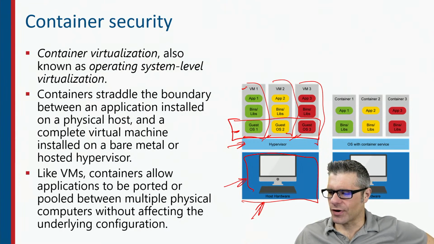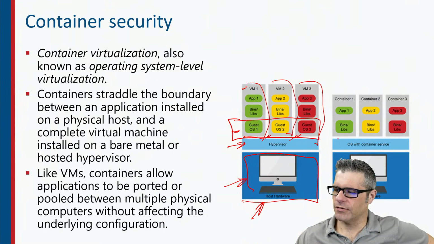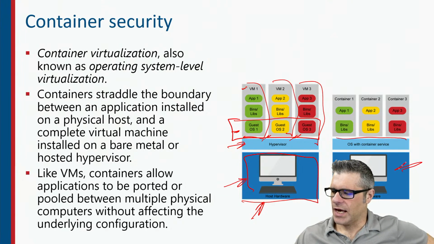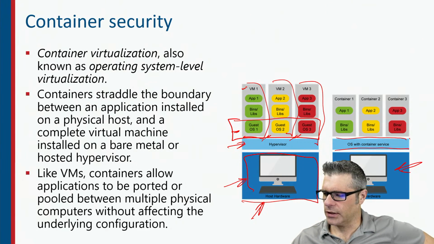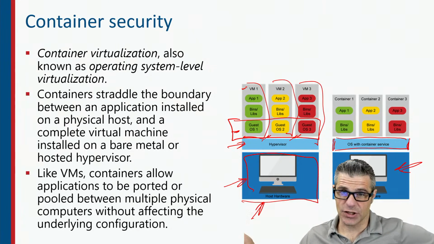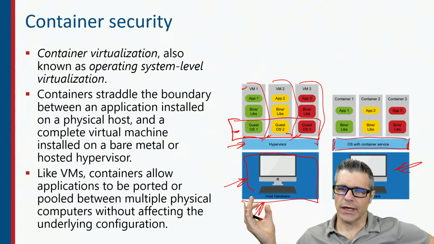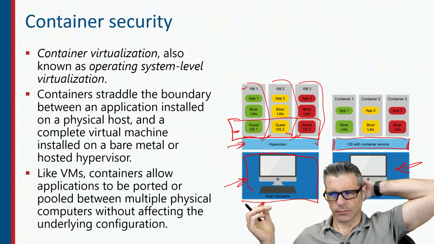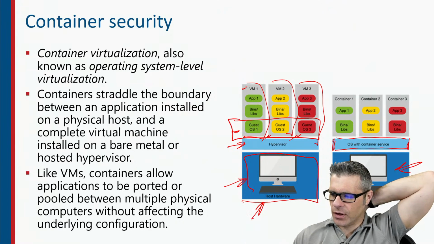But containers abstract that away even further. So now you've got your AWS server running your Linux operating system on top of it with a containerization tool, like Kubernetes is a popular one. And there's a handful of others.